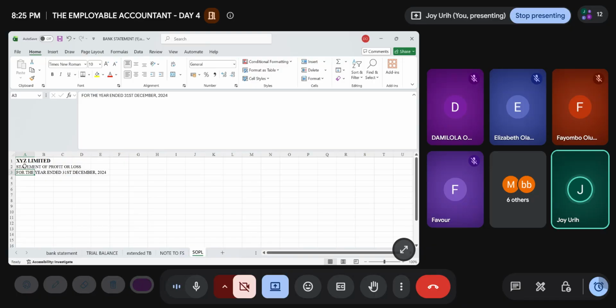So this is the heading that we are going to be using. You can put a line just to make your work look presentable.